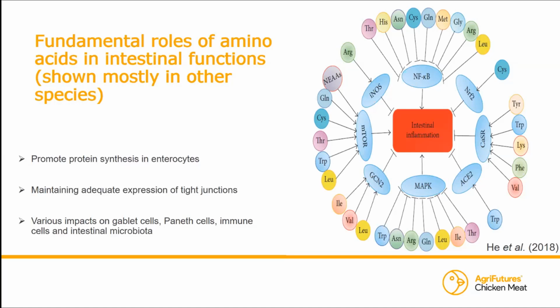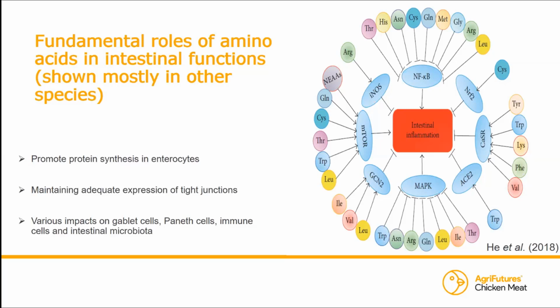Despite the abundant literature on the role of amino acids in the nutrition of chickens, and a lot of research on performance, microbiota, and all those factors, the specific roles of these amino acids in poultry intestinal barrier function are pretty much untapped and understudied.